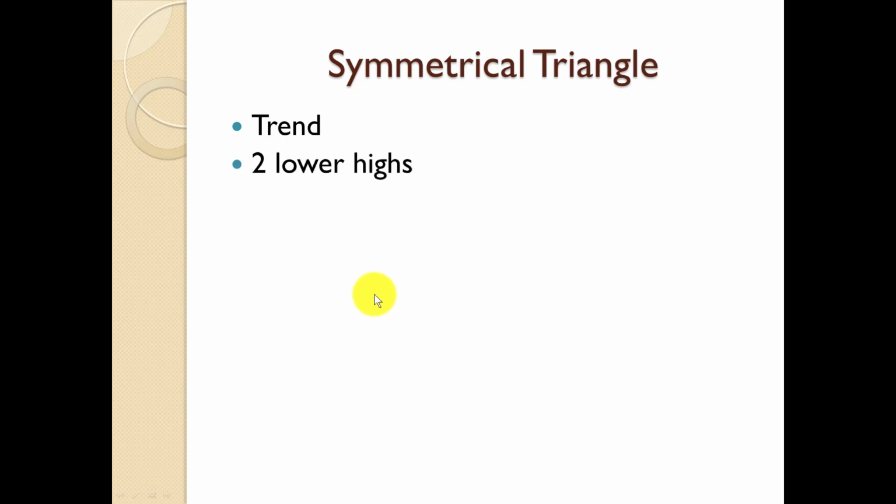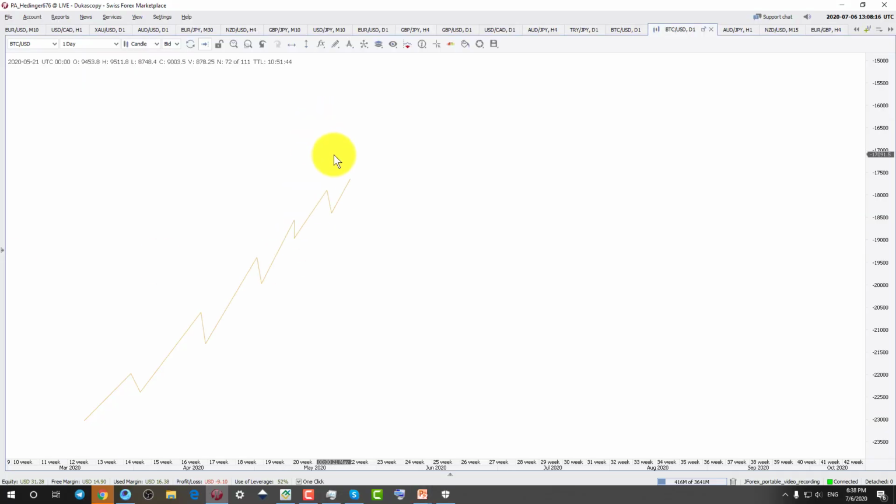Then we need two lower highs. Two lower highs is the requirement. Now here the price is making higher highs, if you see. Now we need a lower high followed by another lower high. If you have seen one high, two high, this is lower high, we need another lower high. So we got one more lower high.